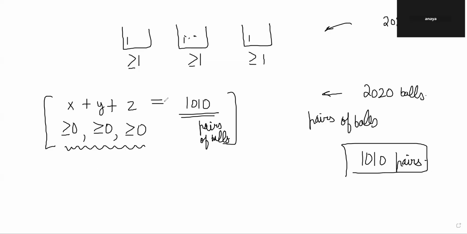By stars and bars, there are 1010 stars and three buckets, so we need two bars. It will be 1010 plus 2 C 2. That will be the number of ways to do this. So 1012 C 2 ways.